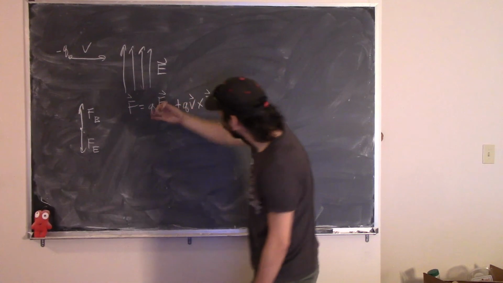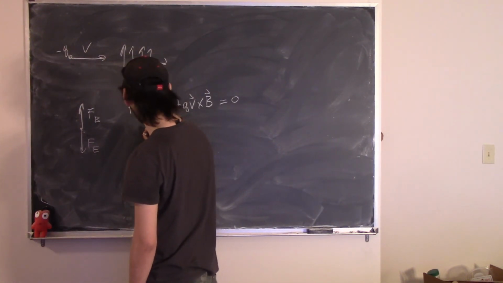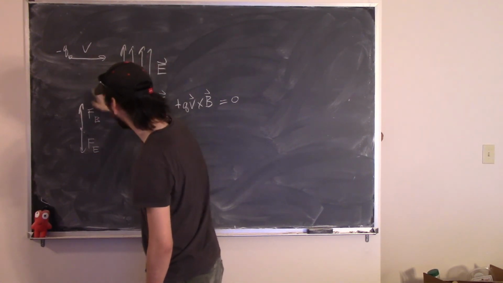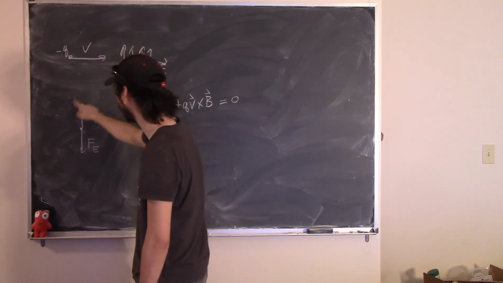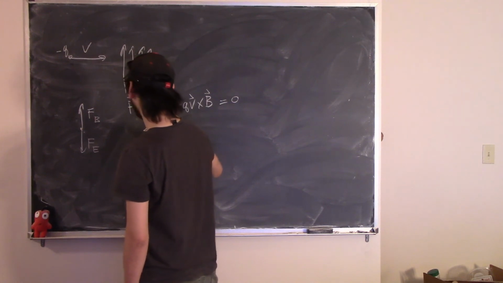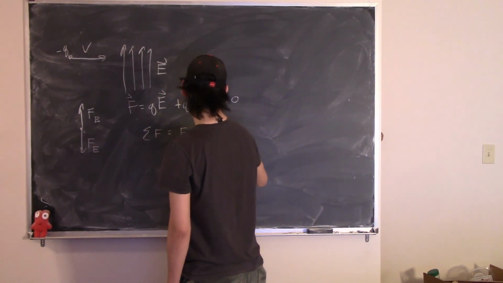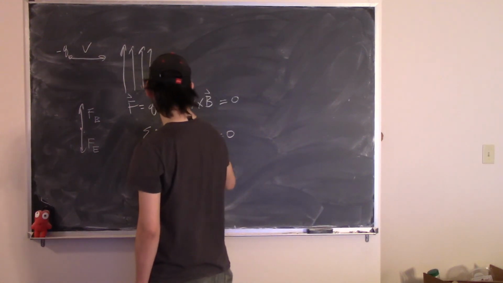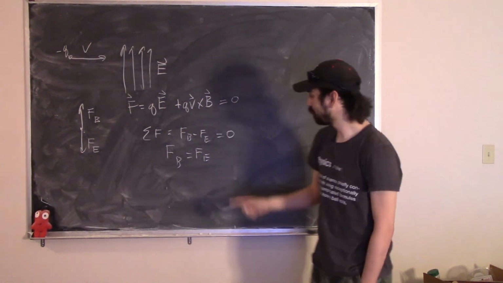And if I treat everything here just as a magnitude, look at this, I'm playing around with the way that you would do the negative signs here, but ultimately I'm going to try to use this diagram here. So the sum of the forces is going to be equal to Fb minus Fe, which is equal to 0. And so that says that Fb as a magnitude is equal to Fe as a magnitude.